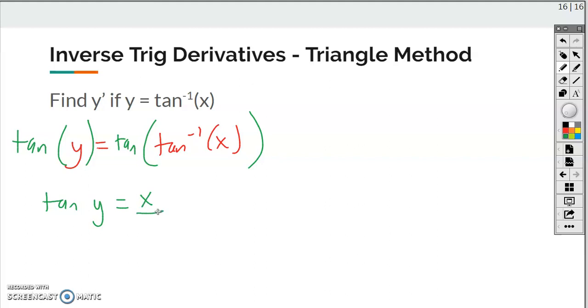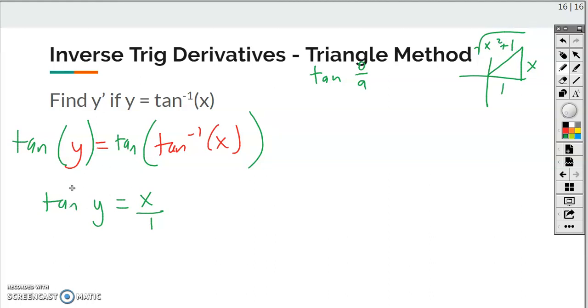At this point, we'd want to make it a fraction. So then off to the side, I'm going to draw a triangle where the tangent of y is equal to x over 1. Keep in mind that tangent is opposite over adjacent. So my opposite would be x, my adjacent would be 1. Using the Pythagorean theorem, we could find that the hypotenuse would be the square root of x squared plus 1.